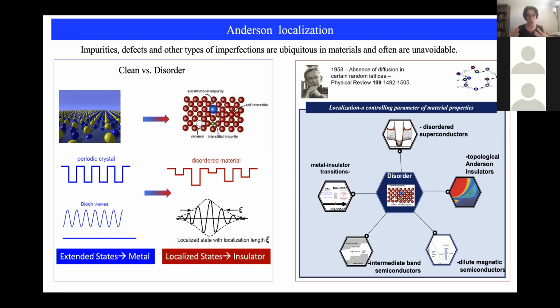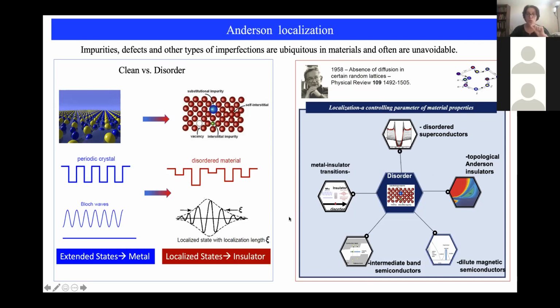We call it Anderson localization, and it turns out that such Anderson localization of electrons due to disorder can actually be used to control and manipulate the functional properties of materials. For example, we can use disorder and Anderson localization to destroy superconductors that I mentioned before. We can drive new states of matter, like so-called topological Anderson insulating states, where on the surface they will still be conducting, and inside they will be Anderson localized, Anderson insulating.